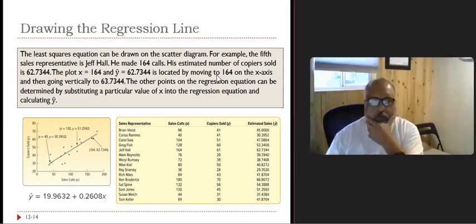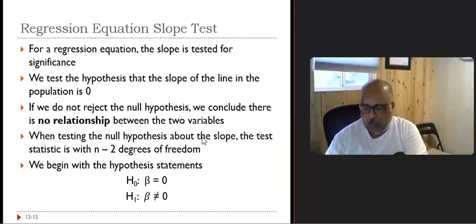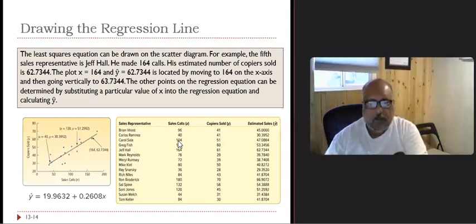So we can use this mechanism to look at various values of x and find the corresponding value of y. We already have these values given here, copies sold y. These are given values, but we can also find the predictive values by using this equation, and we can plot it.